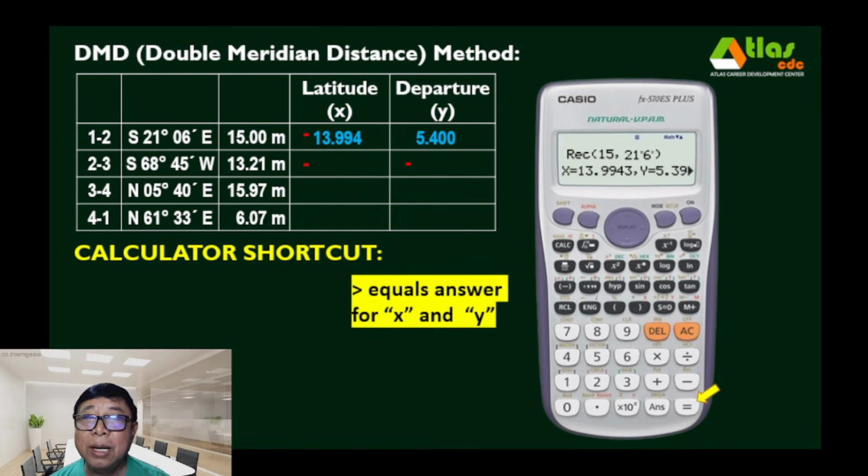Although on some calculators, the values that will be generated will only be the x. There is no y. So in that case, if your calculator does not produce the value for the y, you have to press additional buttons.